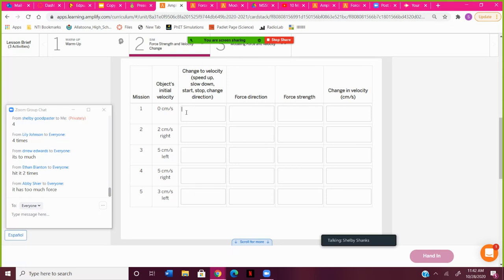Okay, so on my table, if my initial velocity was 0 and I put force on it, what did I do to my object? How did I change the velocity? Did I speed it up, slow it down, start it, stop it, or change the direction of it? Correct. So I started it.